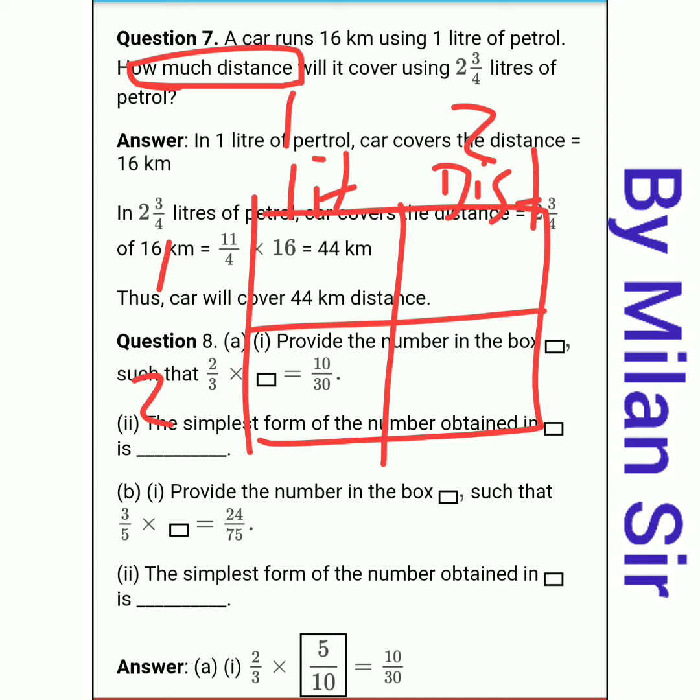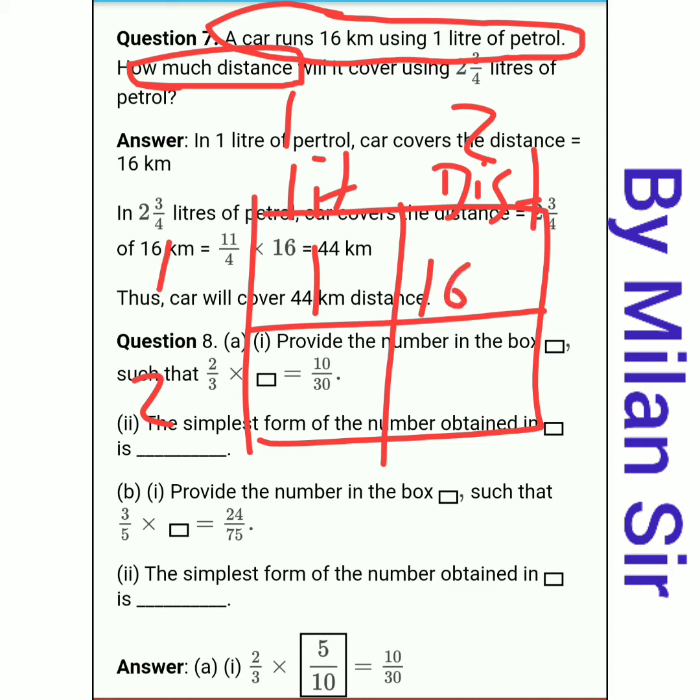Now in the first line, a car runs 16 kilometer using 1 liter of petrol. So 1 liter of petrol use, that we need to put in first box. Now with 1 liter of petrol, there is a distance given, it is 16 kilometer.